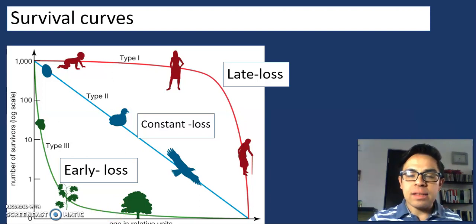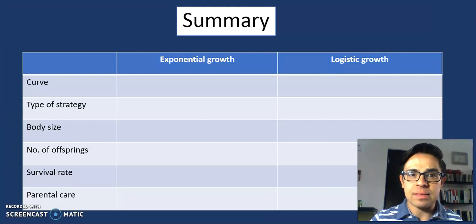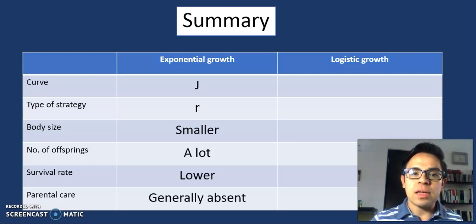So now, for remembering these three concepts, I'm going to present you this image. You can pause the video and try to solve it, but if you can't, this is the summary. For exponential growth, we're going to have a J-shaped curve. We're going to have an R strategy. The organisms that generally have exponential growth are going to be smaller.